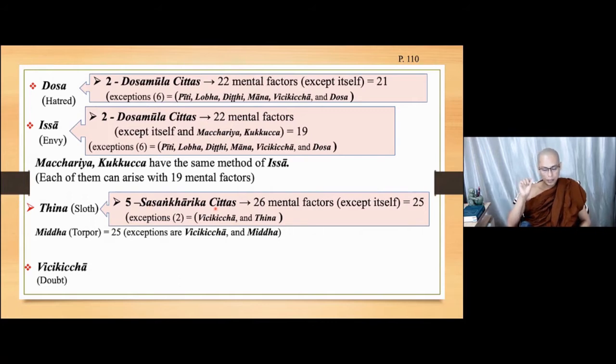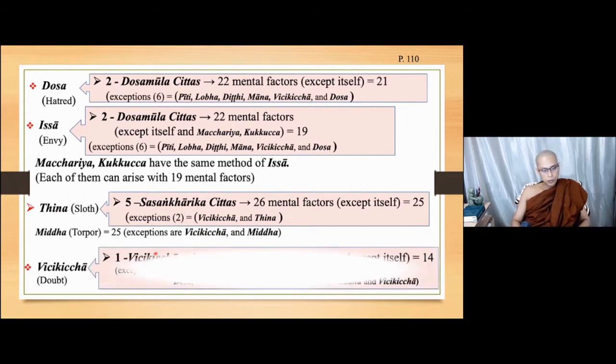The 5 Sasankharika Chitta contain the 4 greed-rooted consciousness and 1 hatred-rooted consciousness. So 26 mental factors except Vichikicha. And if we take off Thina itself, and Vichikicha, altogether 25 mental factors can arise with Thina, and Middha also the same method.